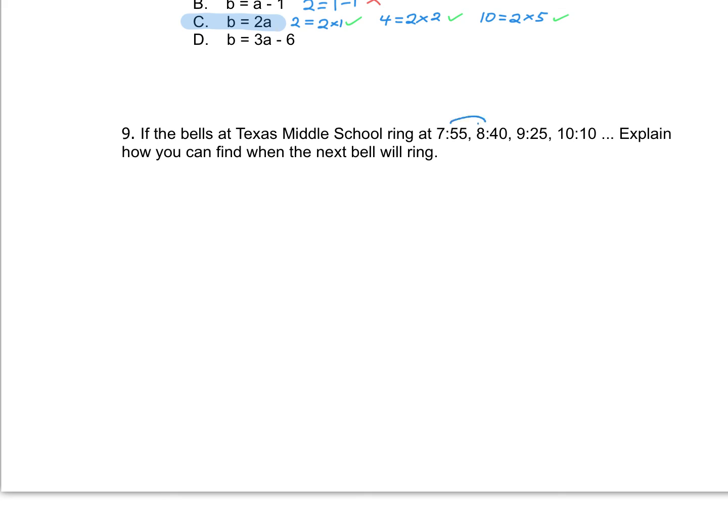To go from here to here, 7:55, add on 5 minutes to get to 8 o'clock, and then 40 minutes. Well, 5 minutes and 40 minutes is going to be plus 45 minutes. Going from here to here, I need to add 20 minutes to get to 9, and then another 25. 20 and 25 is another 45 minutes. It looks like we've found the pattern.